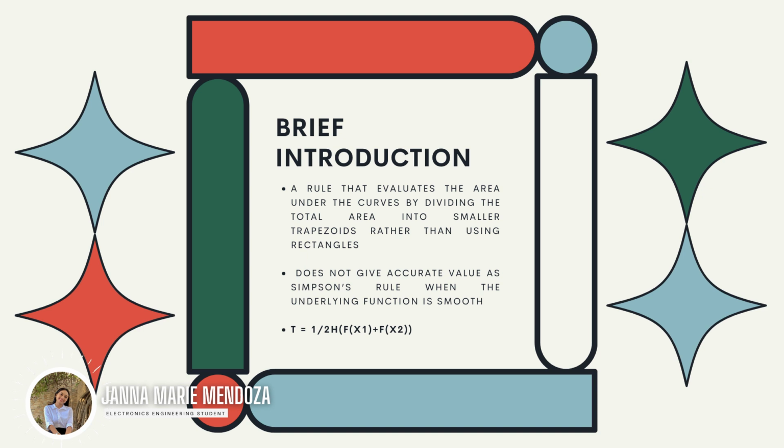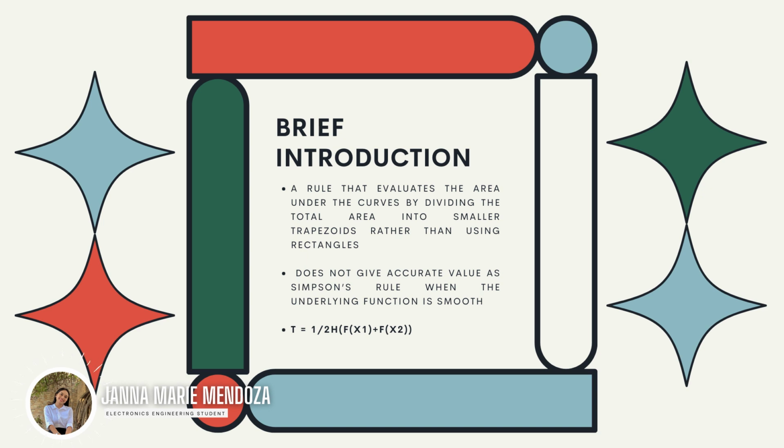This rule is used for approximating definite integrals, where it uses linear approximations of the functions. Trapezoidal rule evaluates the area under the curves by dividing the total area into smaller trapezoids rather than using rectangles. This integration works by approximating the region under the graph of a function as a trapezoid, and it calculates the area.